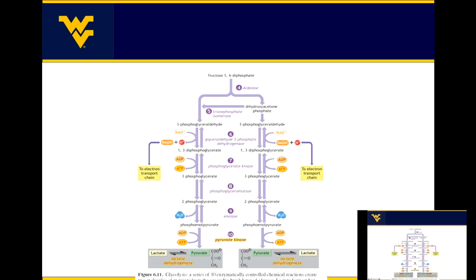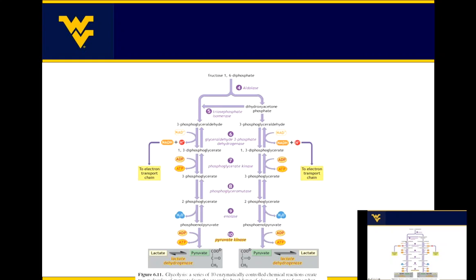Okay. Now, one other thing I want to show you, and it gets very complicated, and I don't want to get too complicated in this process, but notice at step 6 that there's an enzyme called glyceraldehyde 3-phosphate dehydrogenase. Dehydrogenase enzymes are enzymes that can actually cleave pairs of hydrogens with their high energy electrons off the substrate that they're acting on.